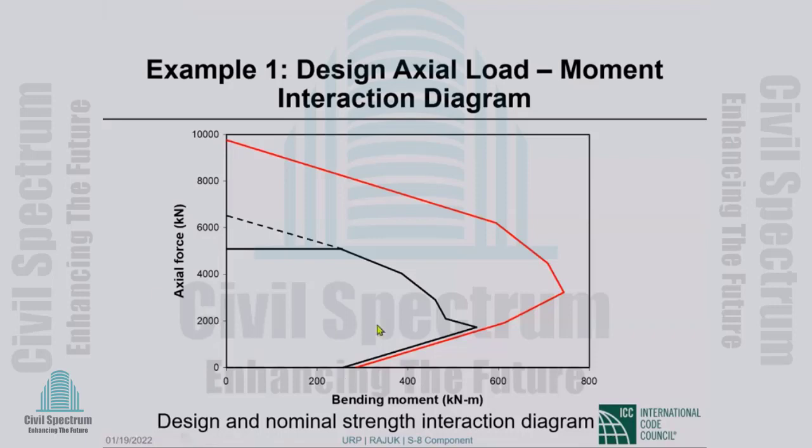If all the points are within the design diagram, then our section is good enough for our purposes. Now, if all the demands of P sub u and M sub u are clustered here, and this is my design interaction diagram, that tells me that I have overdone it. So that would be a good basis for reducing the reinforcement.